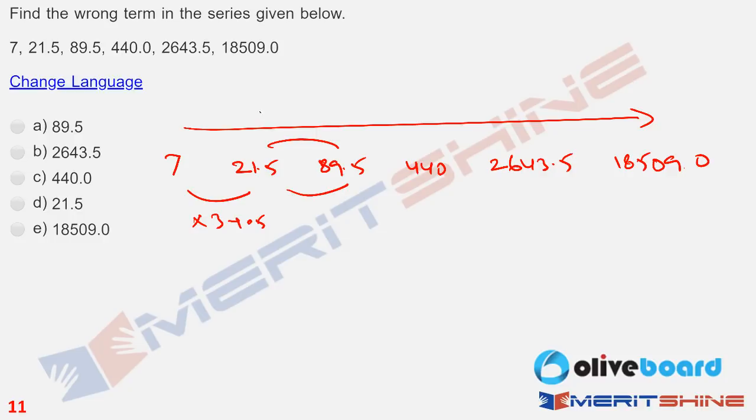This is 21, so into 4 I'll try. Yeah, so this is 84 plus 2, this is 86 plus 3.5. Now if I do the next number here, if I multiply by 5, this should have been 450. 450 minus 2.5 will be 447.5. That means minus 7.5.